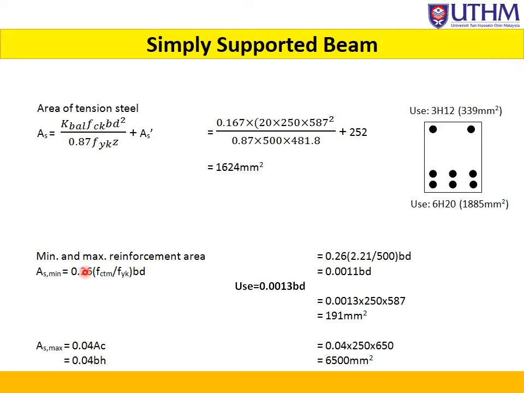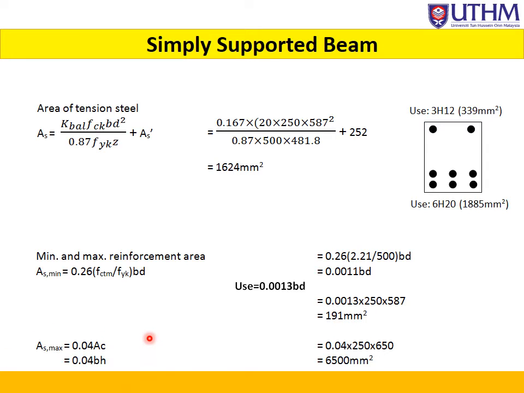For AS minimum, the formula is 0.26 FCTM, this is the tensile strength of the concrete, divided by FYK times B times D. Okay, and this should be more than 0.013 B times D. Since we get our AS minimum as 0.0011 BD, we cannot use this formula. We should use this limit formula. We get AS minimum is 191 millimeter square.